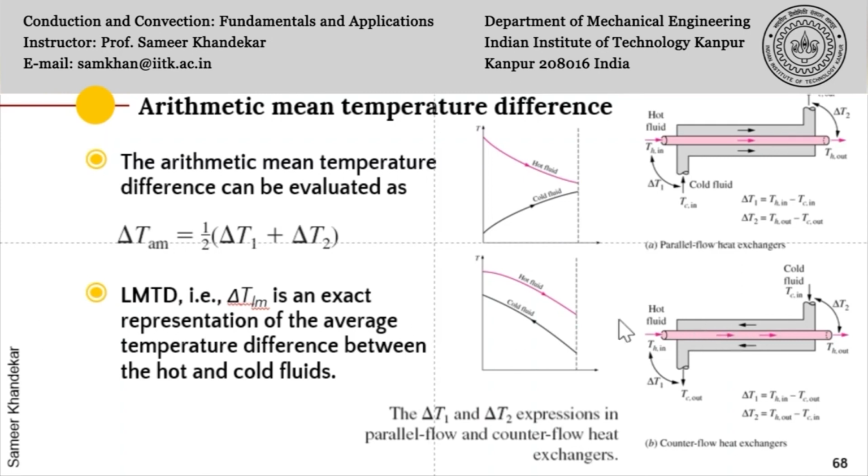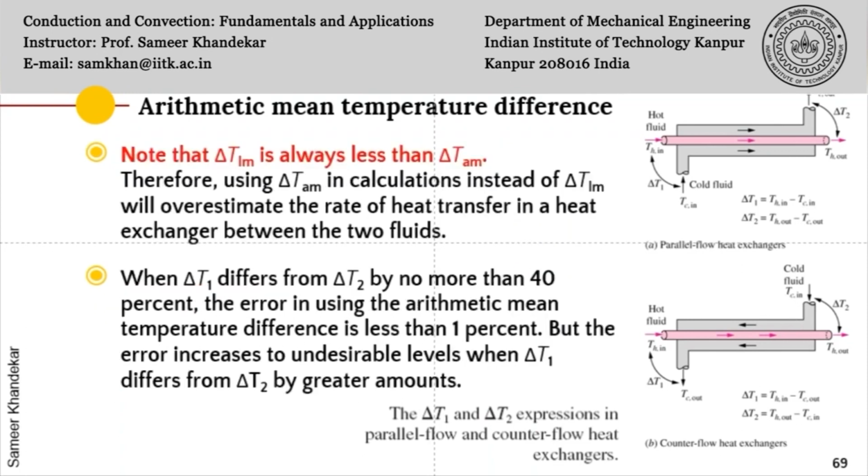Now naturally the differences are logarithmic in nature, their variation is logarithmic in nature. But if the net delta T is not very high, then this logarithmic curve can also be substituted with a linear curve, which is the arithmetic mean actually. But as you will appreciate, as the delta T becomes larger and larger, the arithmetic mean will give you wrong results.